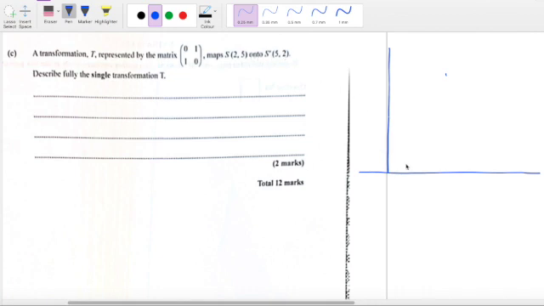So 2, 5 and 5, 2, right? So 1, 2, 3, 4, 5. The first point is 2, 5, so the first point is about there.